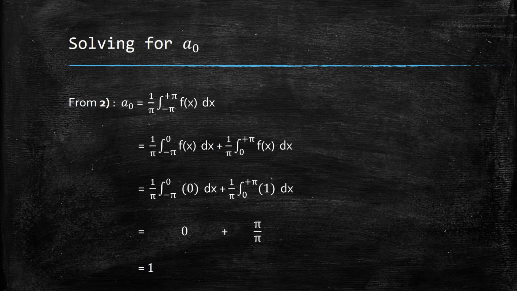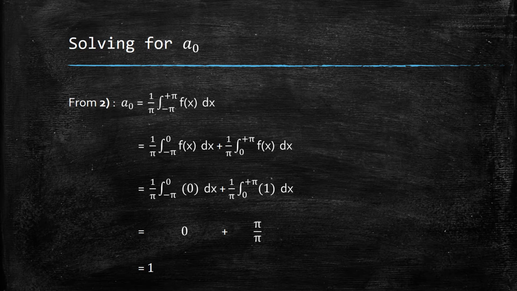Despite a0 satisfying the same formula as ak, a0 must be computed separately from the rest of the ak's. From equation 2, we have a0 is equal to 1 over pi times the integral from negative pi to pi of the function f of x.